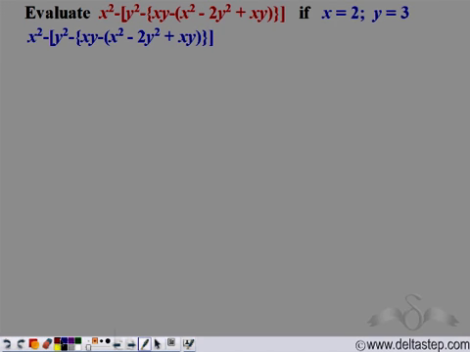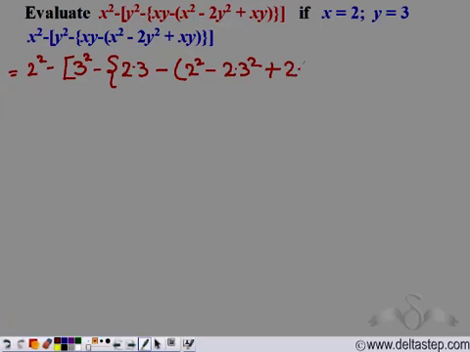So what do we get? x square gives us 2 square minus y square is 3 square minus x into y is 2 into 3 minus x square is 2 square minus 2 into y square is 3 square plus x into y is 2 into 3, and then we close all the brackets.